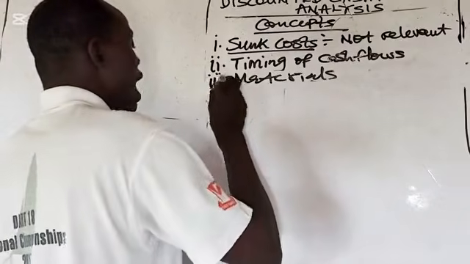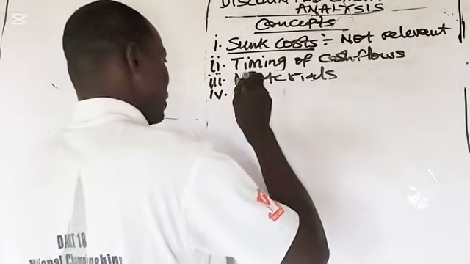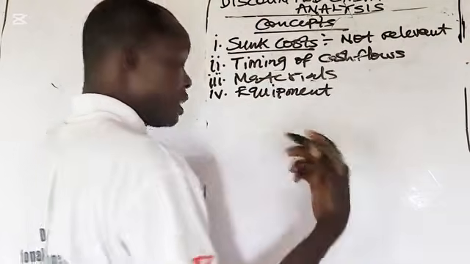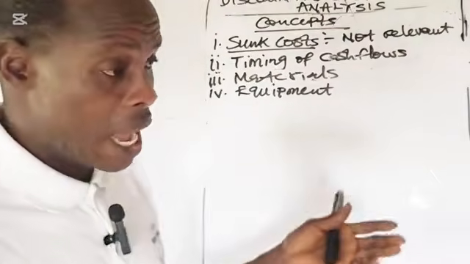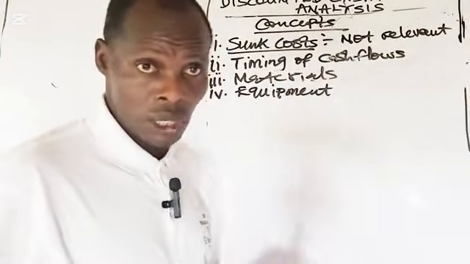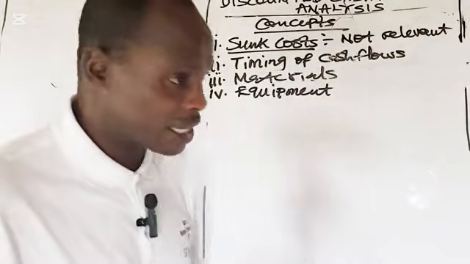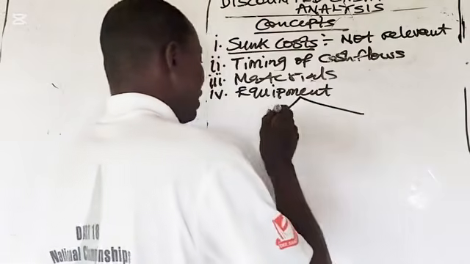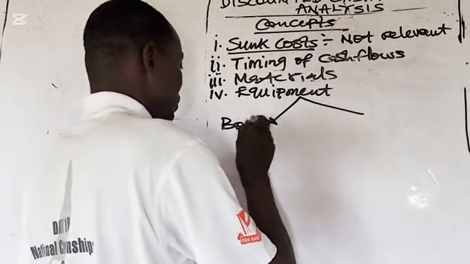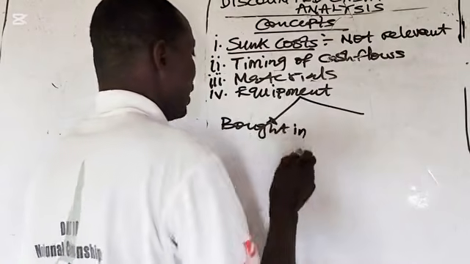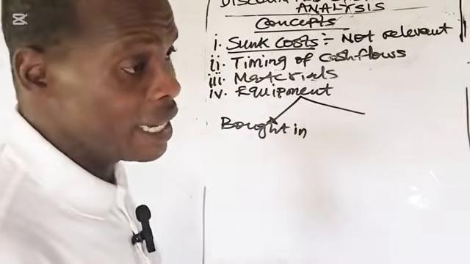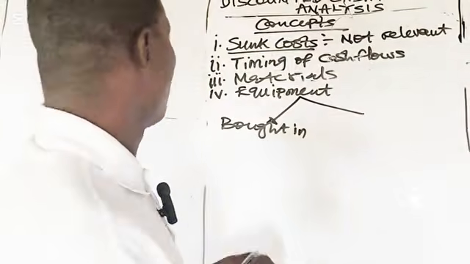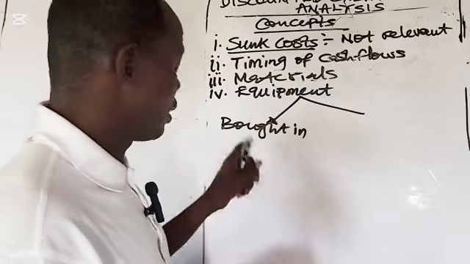Number 4, we have relevant costs of equipment, or plant and equipment. Equipment are assets used in production. For our purpose, we will have the bought-in equipment, that means equipment that are bought specifically for the project.